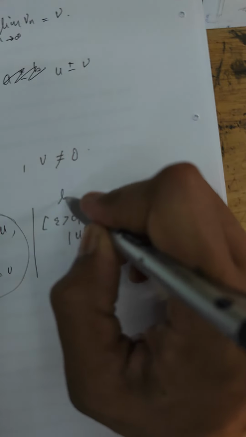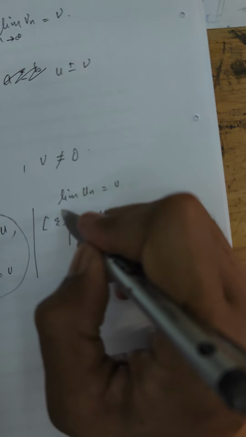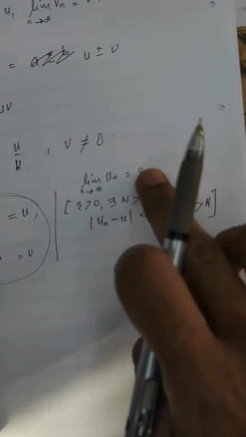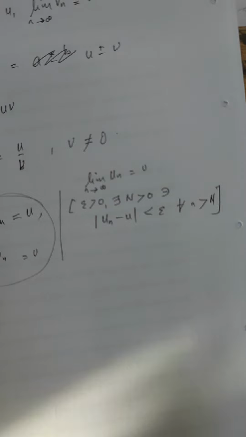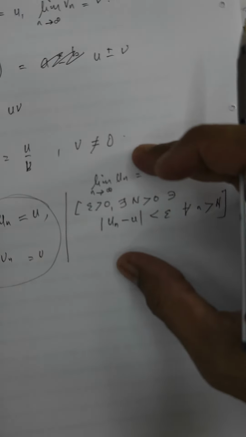Let me write it: the limit of un equal to u as n goes to infinity. If you put L here, this is L, and so on. That is just a number there.